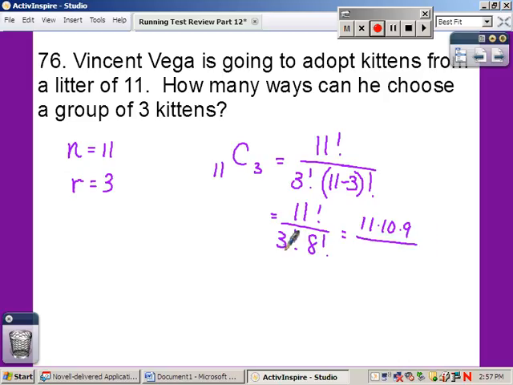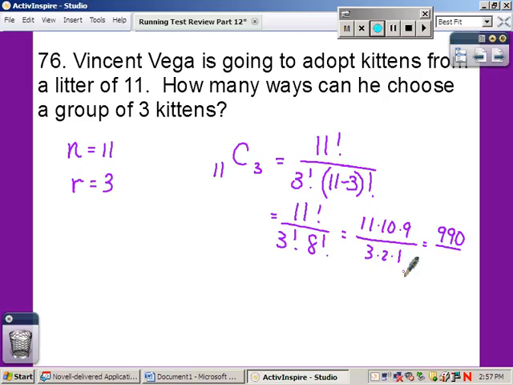However, that 3 factorial is still there. The 8 is wiped out with all of these numbers that would have been here, but the 3 factorial is not. Remember, you don't cancel things twice. So this is what we end up with out of that. 11 times 10 is 110, times 9 is 990.